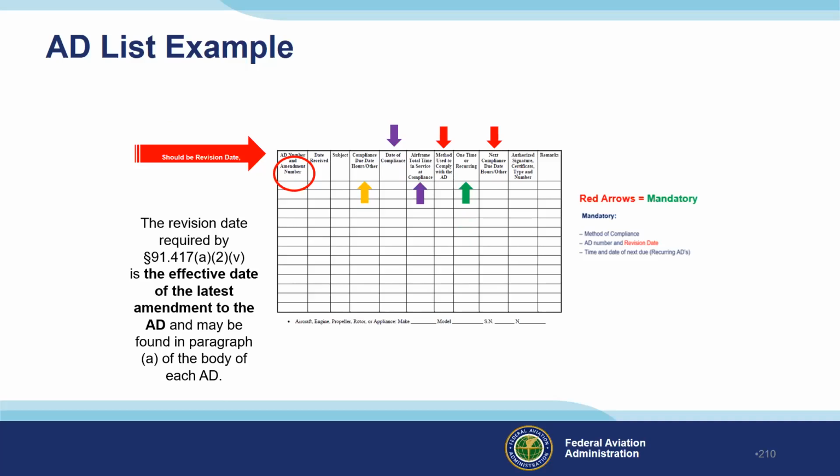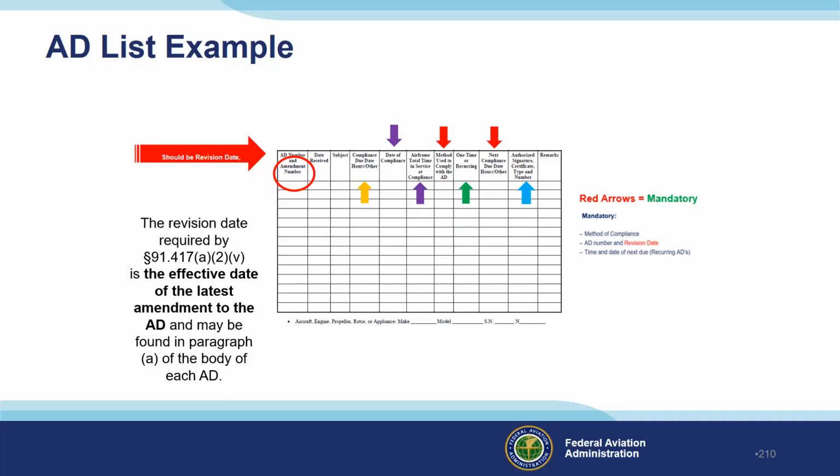And whether it's a one-time or a recurring AD, then the authorized signature, certificate type, and number. That would be signed, and that information would be put in the block there where the blue arrow is, if this was being used as the record of accomplishment as well as tracking the ADs.